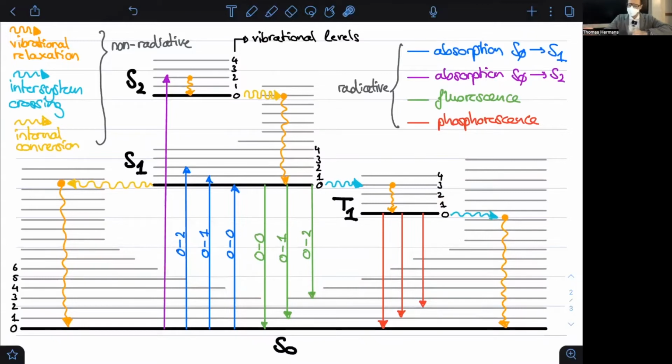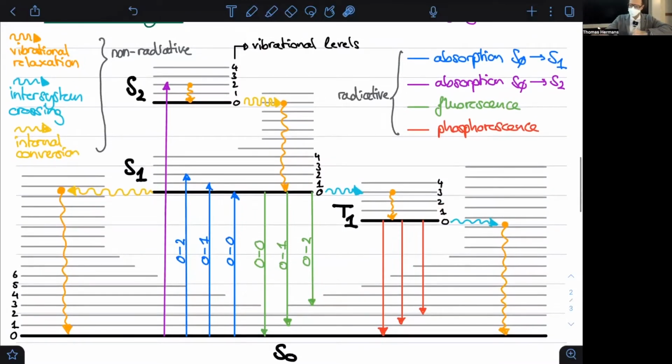Okay, so first let's look at, for example, absorption to this second excited state. Then you will have this yellow thing here, which is called vibrational relaxation. So this is a relaxation from a higher vibrational level to the lowest vibrational level within that electronic state, right?